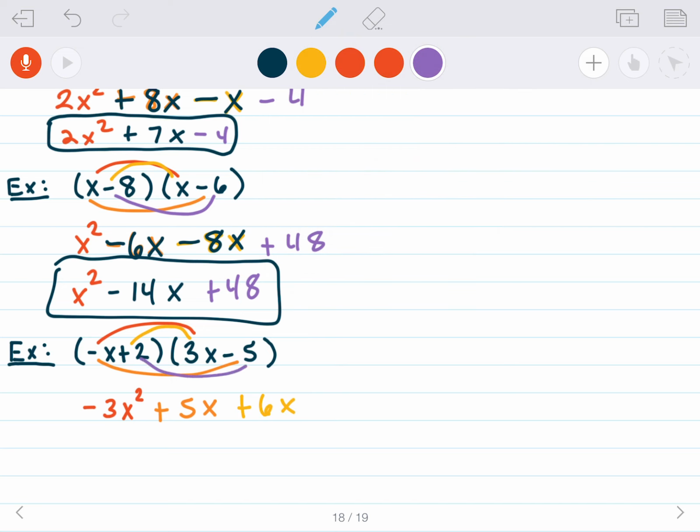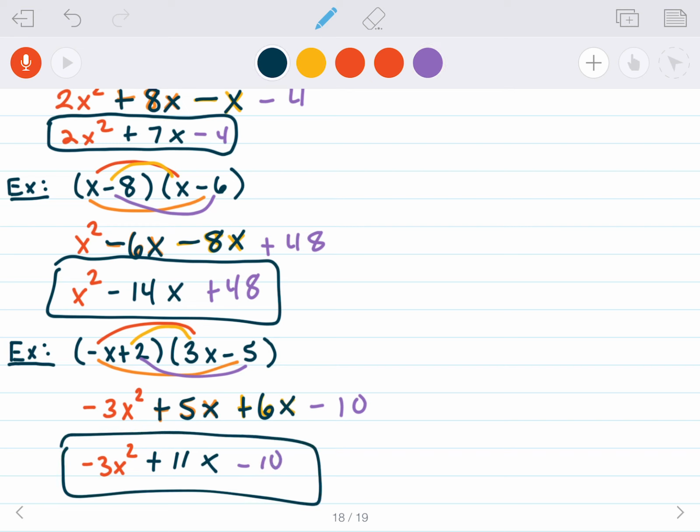Last, positive 2 times a negative 5 is a negative 10. Like terms in black. Combine them. Okay, so 5 and 6 makes positive 11x minus 10. Alright, and that is our answer.